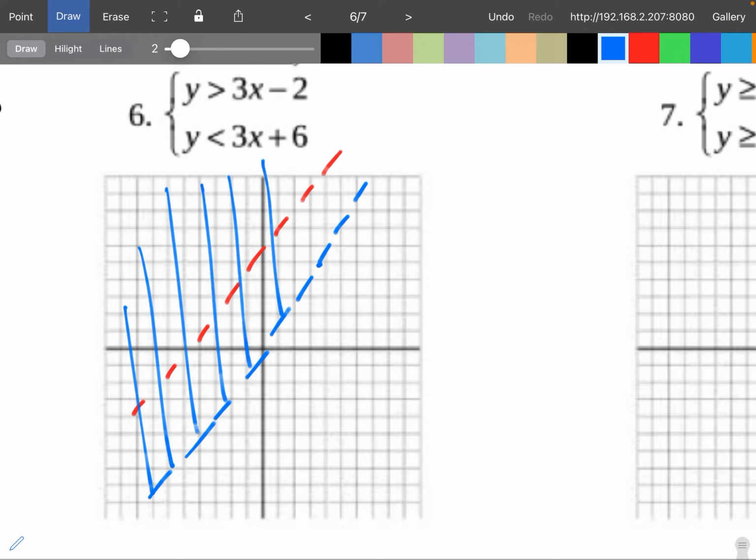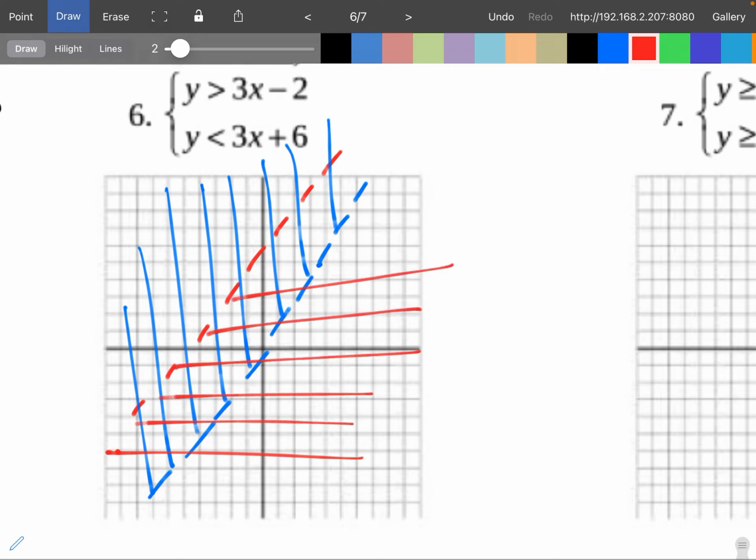So they're supposed to be parallel. I didn't do a very good job. Maybe I can fix this real quick. So something like this. Okay, and then what happens is, the top one gets shaded above, which would look like this. And then the bottom one gets shaded below, which would look like this.